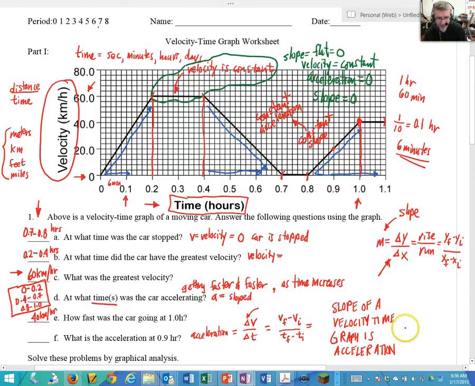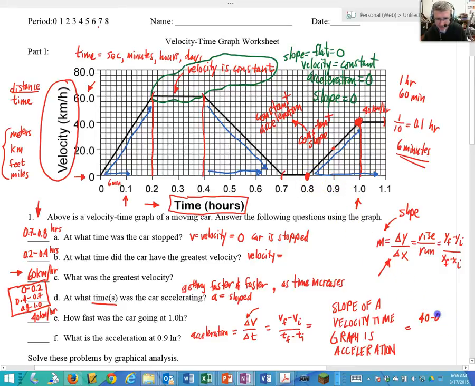All to say that I can take the velocity final, which is 40 kilometers per hour, minus the initial velocity, which is, so here we go, I'm picking these 2 points to figure out my slope of that line. We already said that this point right here was 40 kilometers an hour, and it's at 1 hour. So 40 minus this point is 0, and it's at 0.8.